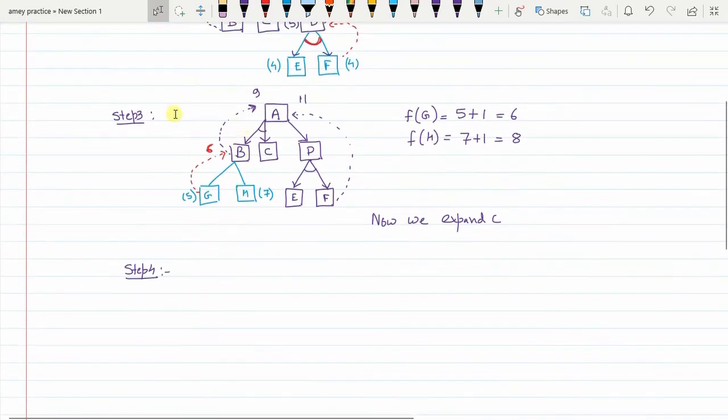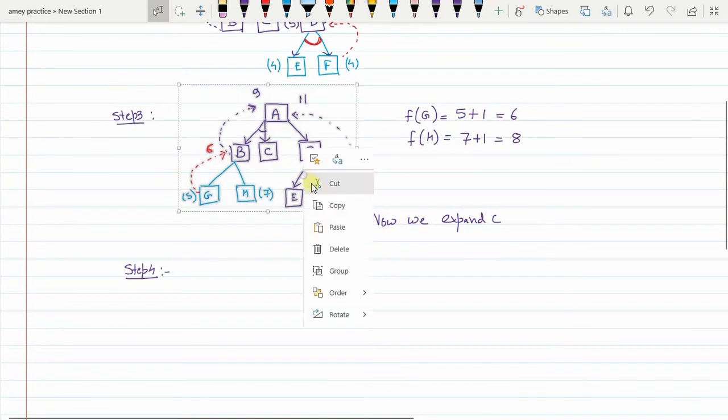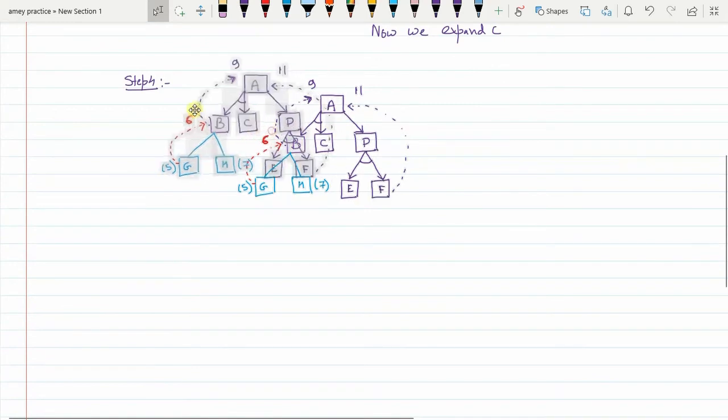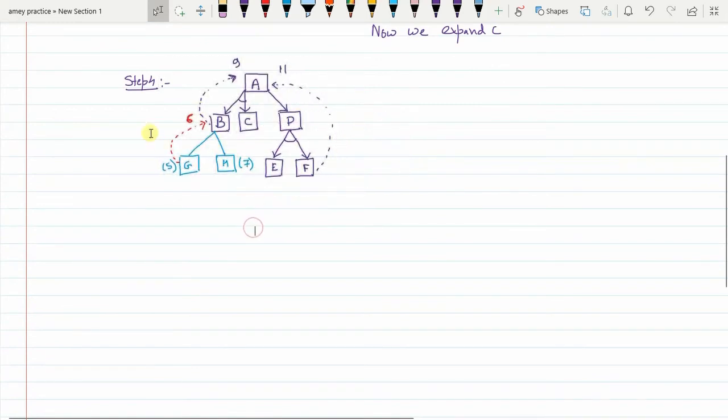I will just copy this tree so that every time I don't have to draw it again. So far this is the tree that we have obtained, and the value that we have got at B is 6. So then what we do?